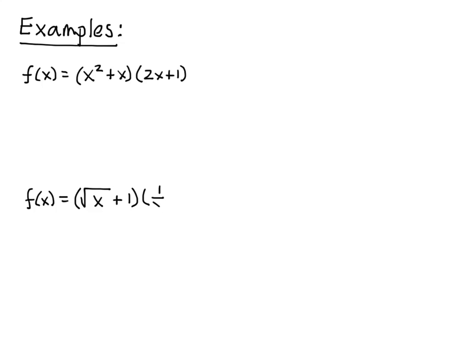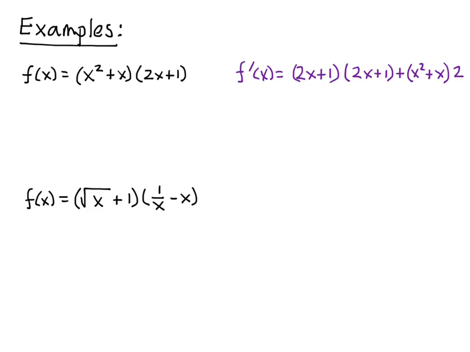Okay, so let me take you through one more example. I think the first one I had as something for you to try last Monday, so I'll just go right through the solution there. You can expand that and actually end up with several terms to take the derivative of, or you can use the product rule.